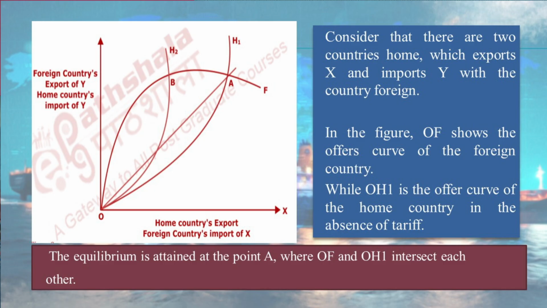On the x-axis we are measuring the home country's export, that is the foreign country's import of commodity X, and on the y-axis we are measuring the home country's import of Y. The equilibrium is attained at point A as shown in the diagram, where OF and OH1 intersect each other. OF is the foreign country, OH1 is the home country.